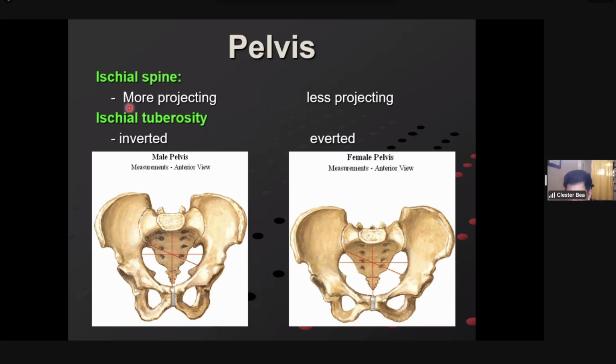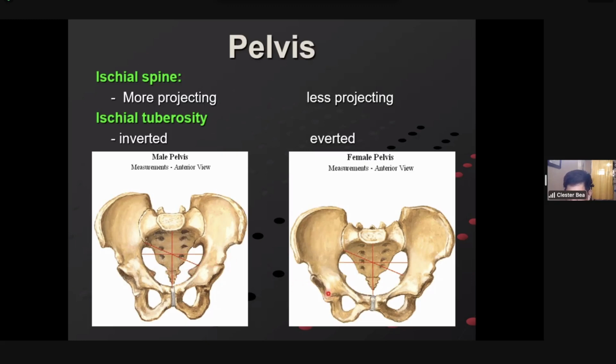The less projecting the ischial spine is, then you would think that the space in between the two ischial spines would be wider. If the ischial spine is more pointed or more projecting, then the space in between the two tips of the ischial spines would be narrower.